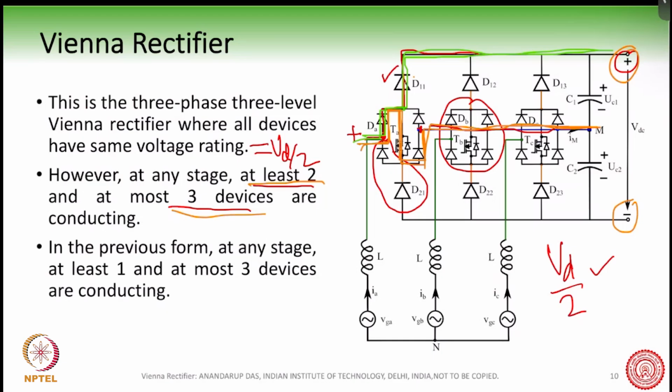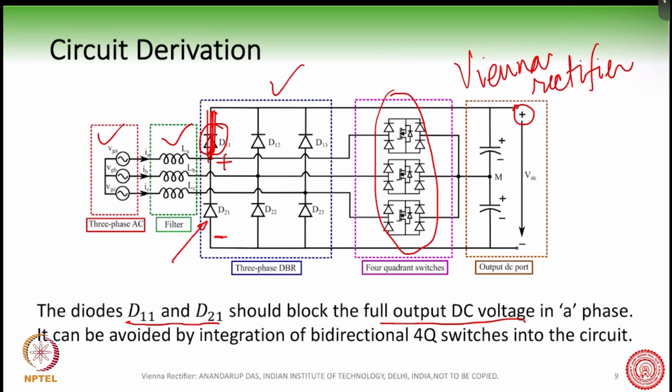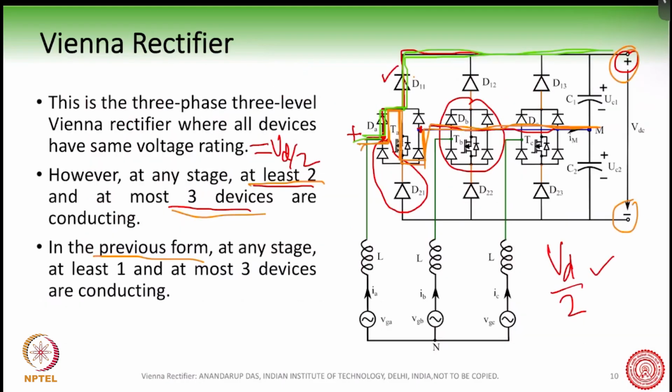On the other hand, if you see the previous form, suppose this plus voltage is coming, then only one device is conducting, and then you get the plus. So this second format has some advantage, but it has some disadvantage also, right?